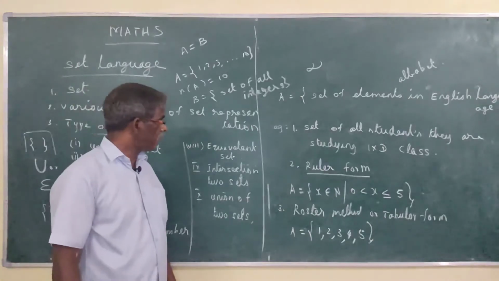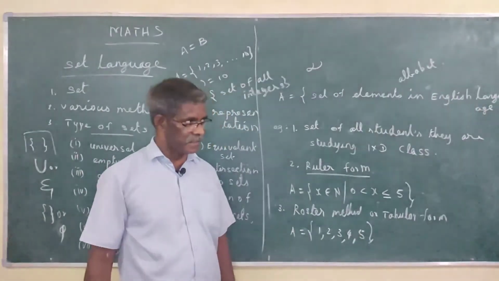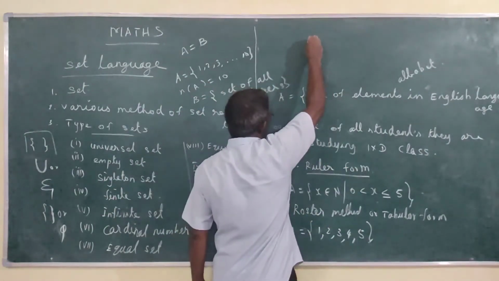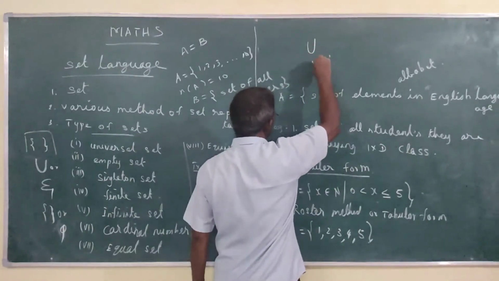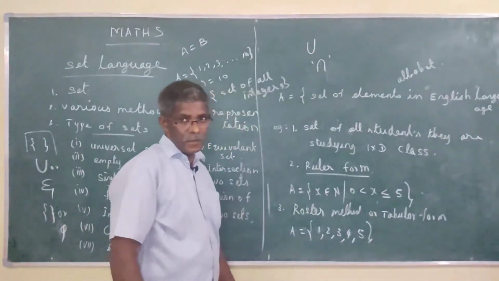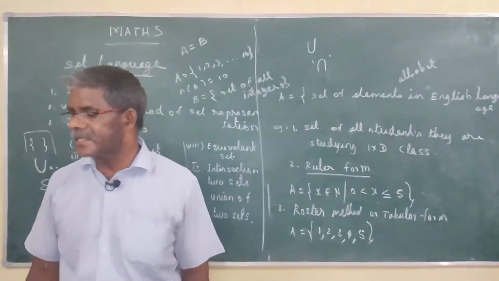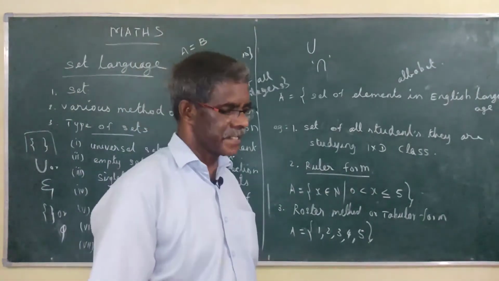Then next we are going to study set operations, union and intersection. For union they use the symbol ∪. For intersection they use a different symbol. Union of two sets means if set A and set B are given, then you have to find the union of the two sets.